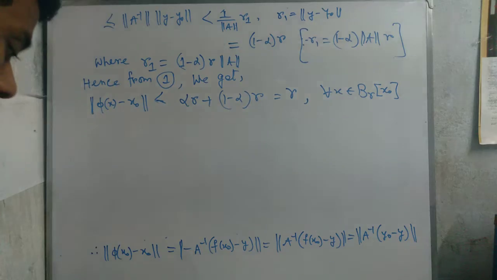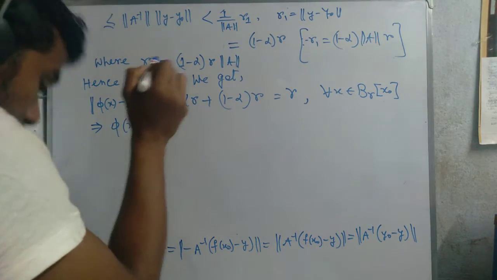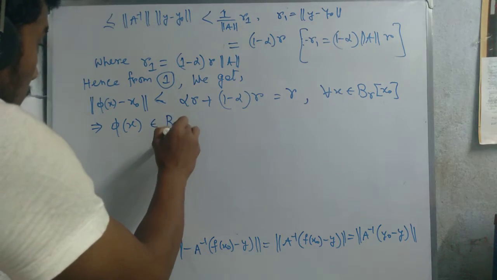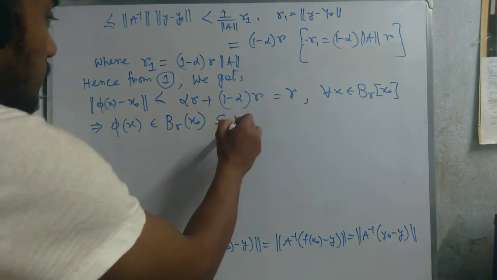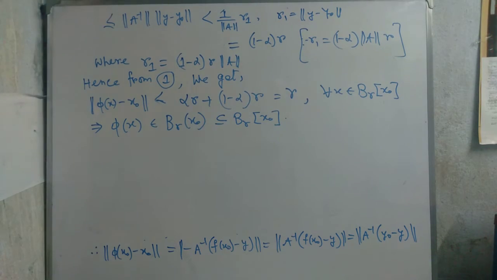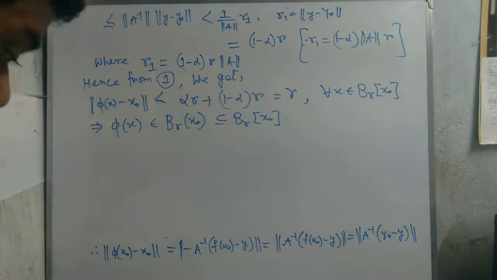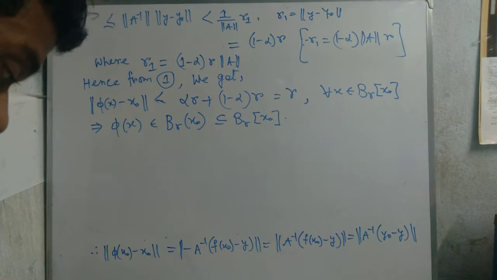This implies that phi(x) belongs to B_r(x0), a subset of this one. So we conclude that phi(x) belongs to B_r(x0), where x0 is open.